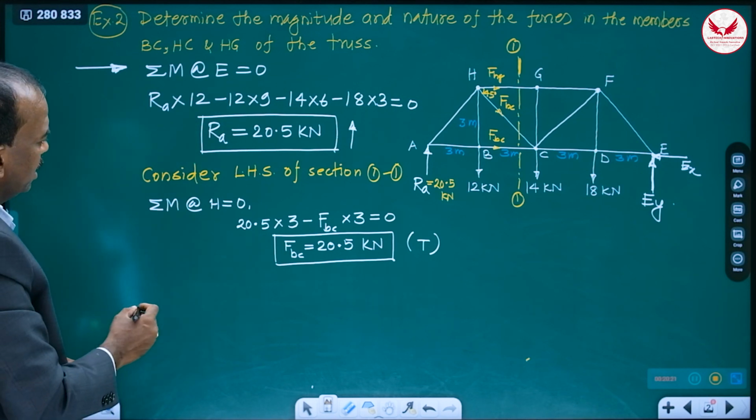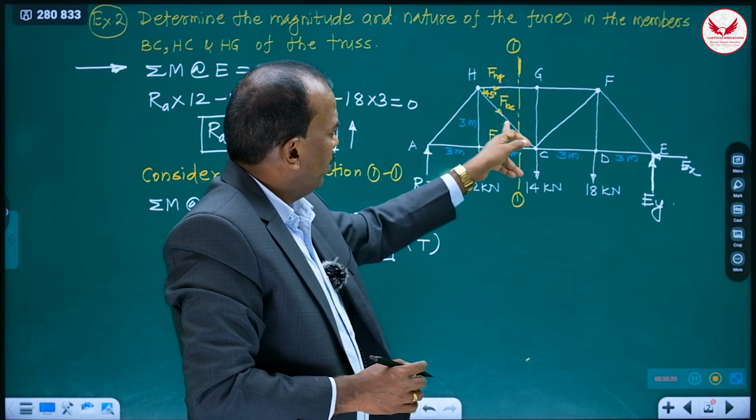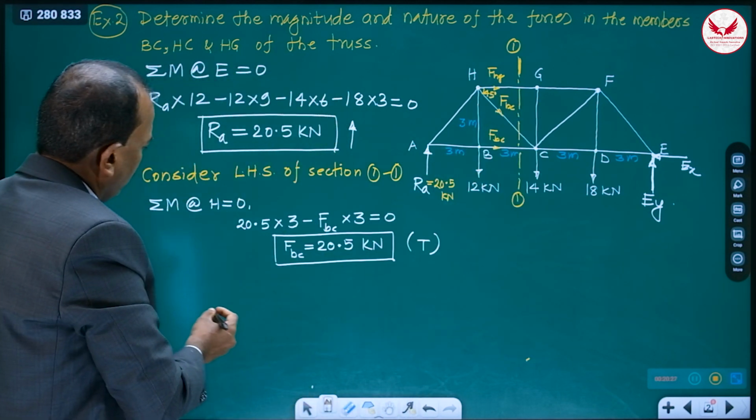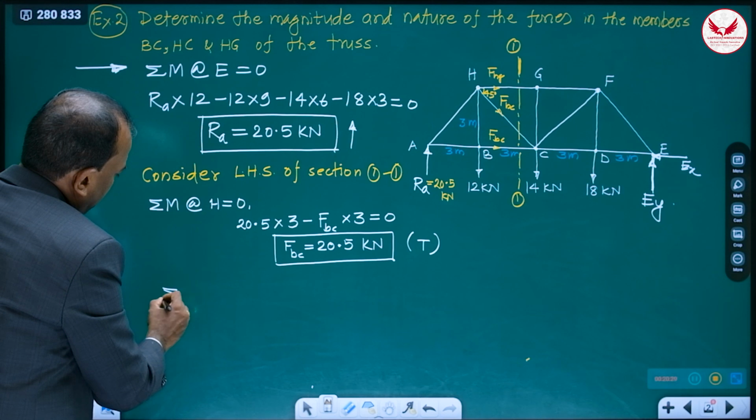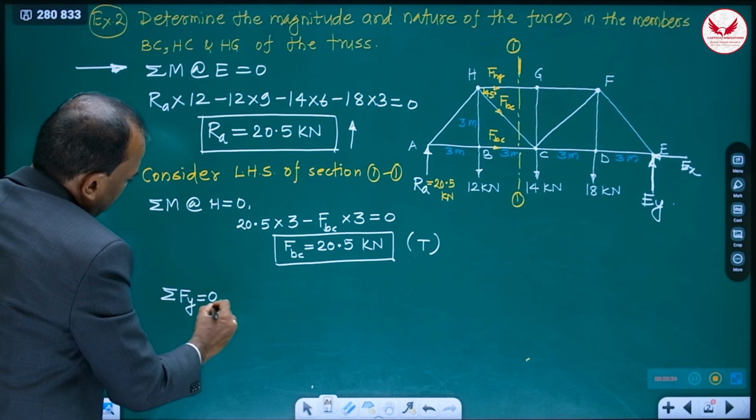Then for the second answer, we have to use either summation Fx or Fy. Out of the remaining 2 unknowns, one is horizontal, so use the opposite condition, summation Fy equal to 0.